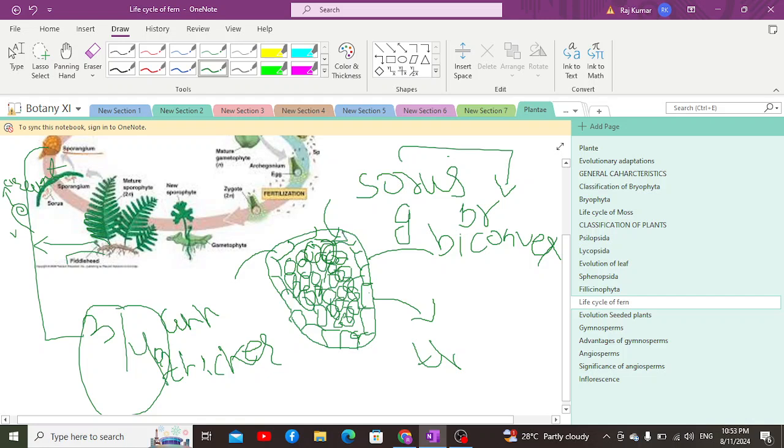Now, in dry weather, the cells of the annulus contract, because in dry weather there is a loss of water.